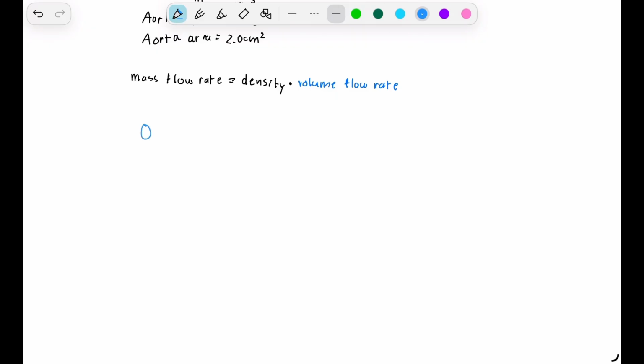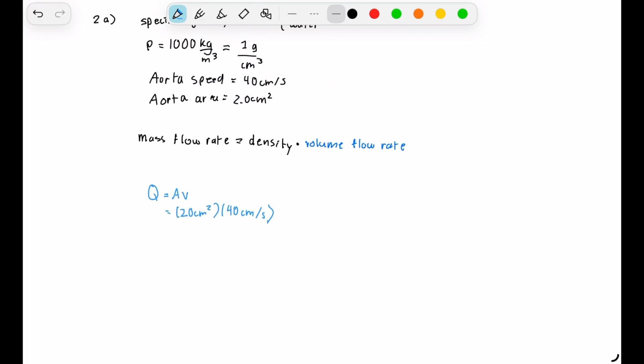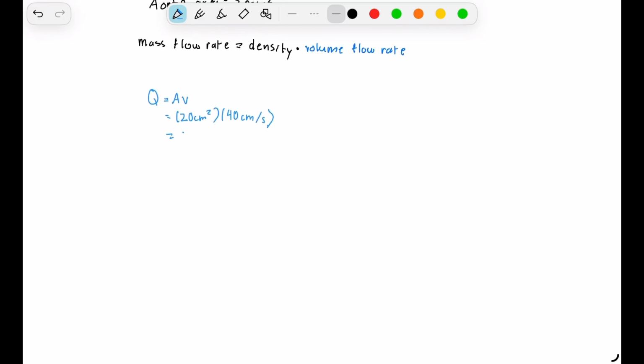This is equal to area times v, our speed. So this is going to be 2.0 centimeters squared area times 40 centimeters per second, which was our aorta speed. And this is equal to 80 centimeters cubed per second.